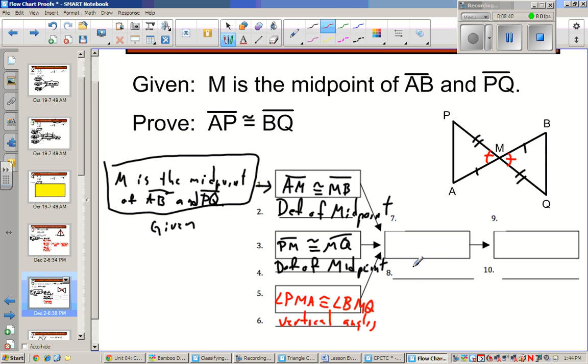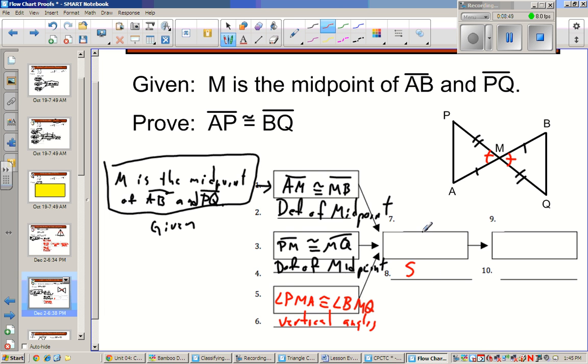Once we have that, we know by side angle side, this triangle is congruent to that triangle, and we would say triangle PMA is congruent to triangle, P lines up with the Q, M is in the middle, so that has to be in the middle, and then B. So are AP and BQ congruent?